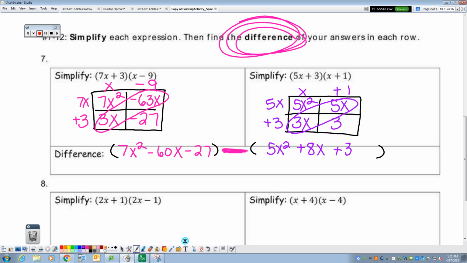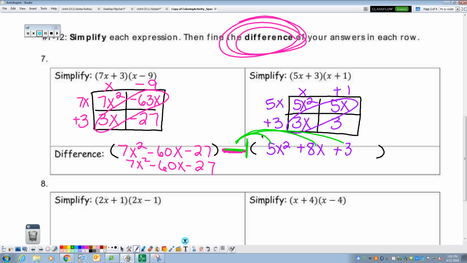Now we're going to subtract these. The reason this is a little bit different is that when we have a minus here, it's really minus 1, and that means we have to distribute that to everything. We have to break these things out of parentheses. The first set of parentheses is still not really doing much because it's positive. But for the second set, we have to distribute that negative 1.